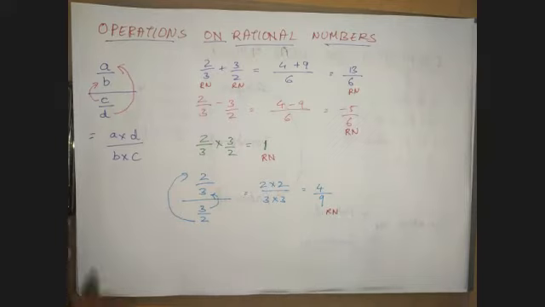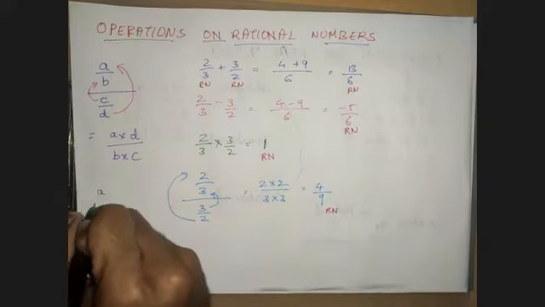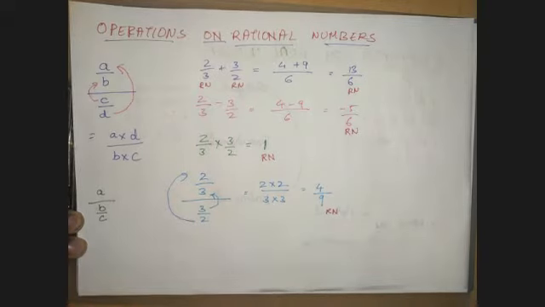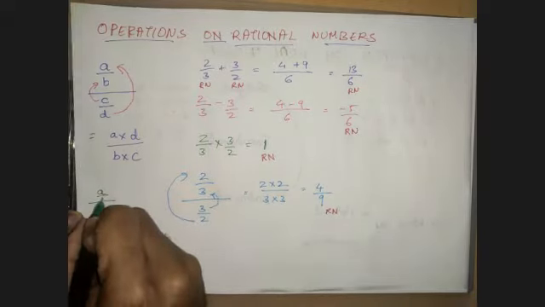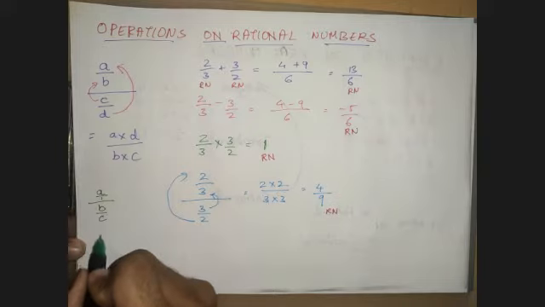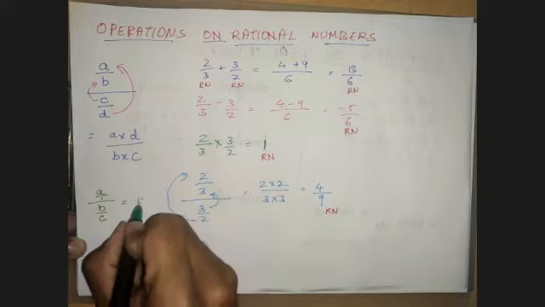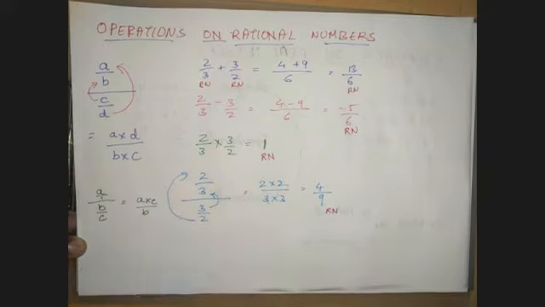Let us see if they have given a by b by c. It is again the same thing. We take c as c by 1. So again the denominator goes to the numerator, and this would be a into c by b.